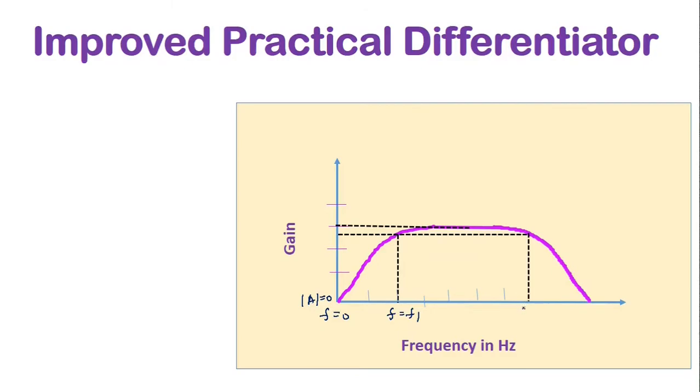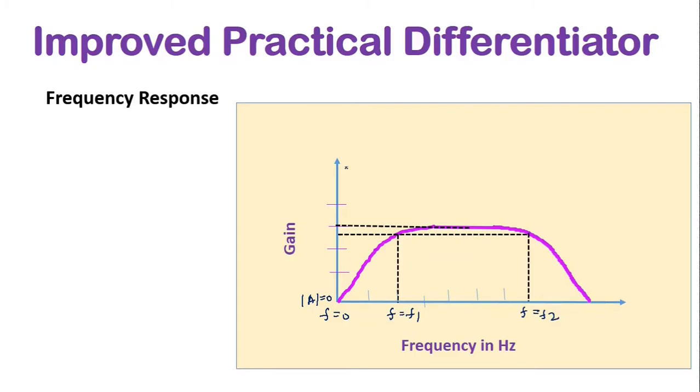And at another frequency f is equal to f2, the same value we are getting. Now at both these corner frequencies, the magnitude of gain will be the same, that is RF upon R1 divided by under root 2 into 1 plus RF CF divided by R1 C1 whole square.